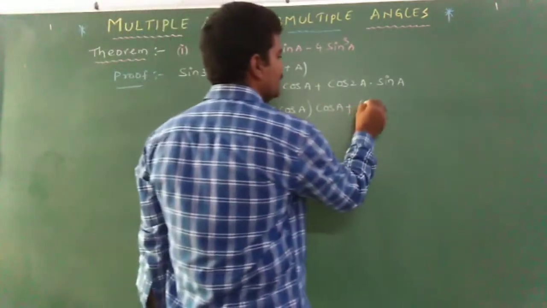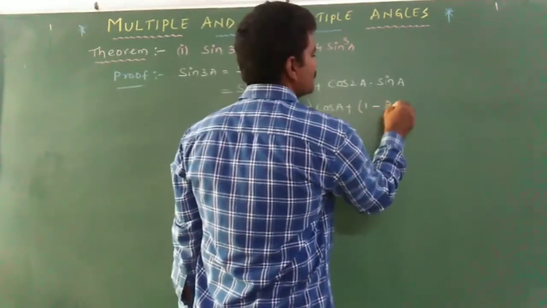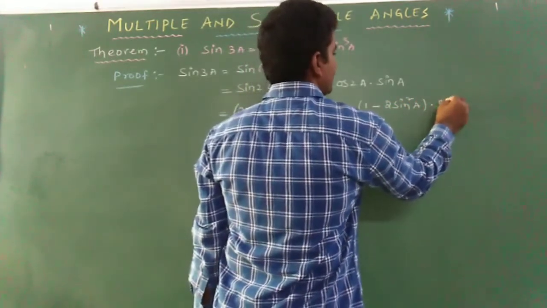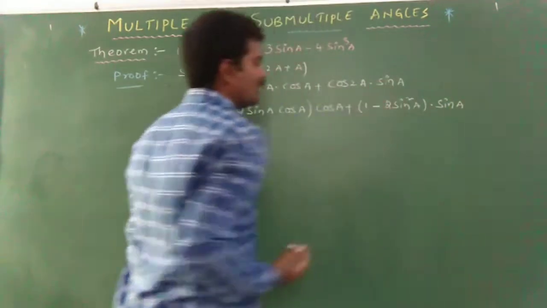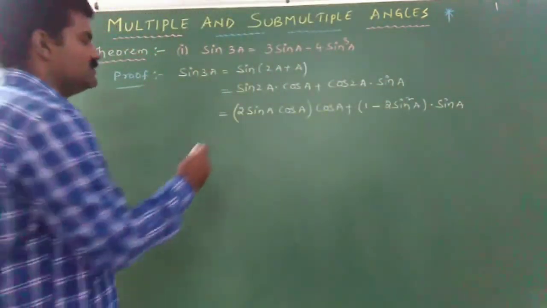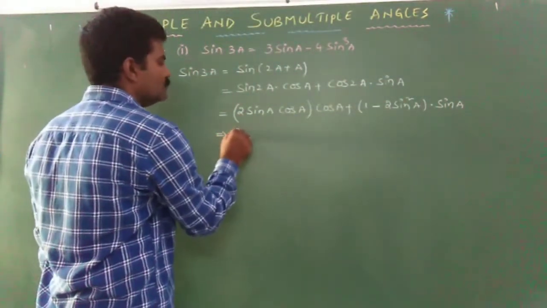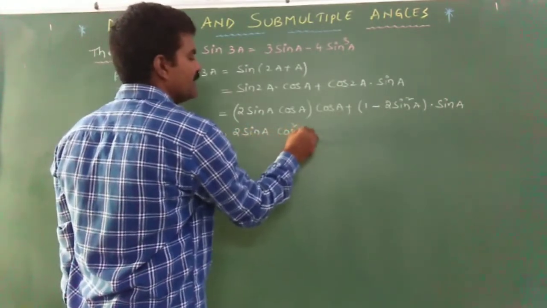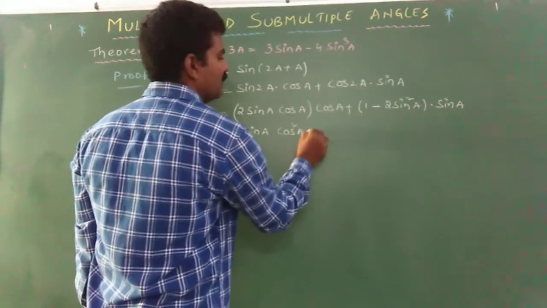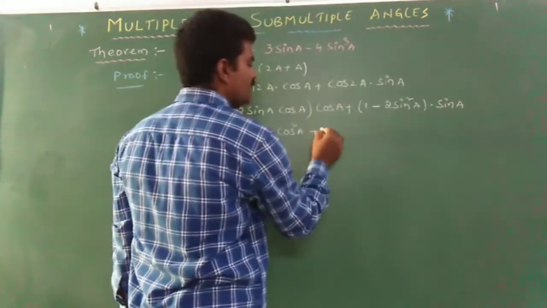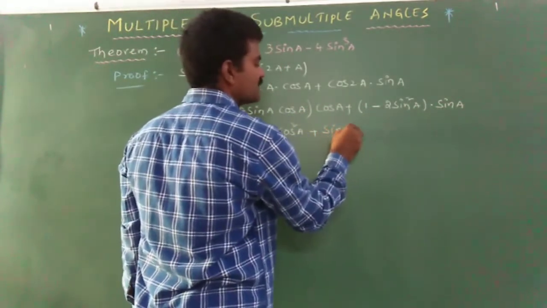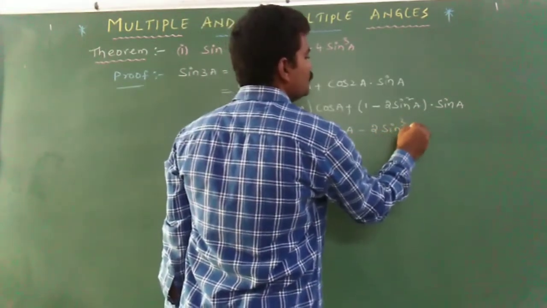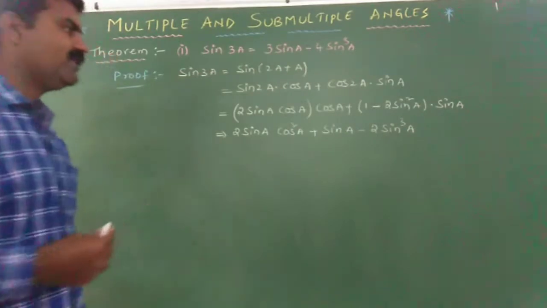Then the formula is 1 minus 2 sin square a into sin a. Okay, so just multiply, 2 sin a into cos square a, cos into cos, plus multiplication 1 into sin a is nothing but sin a minus 2 sin cube a, right?